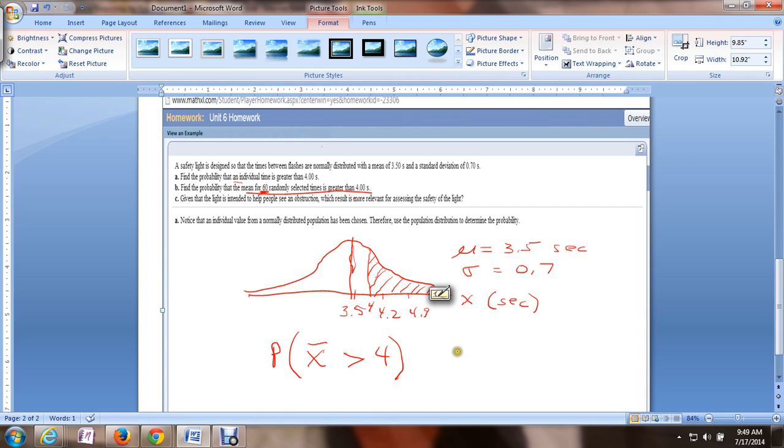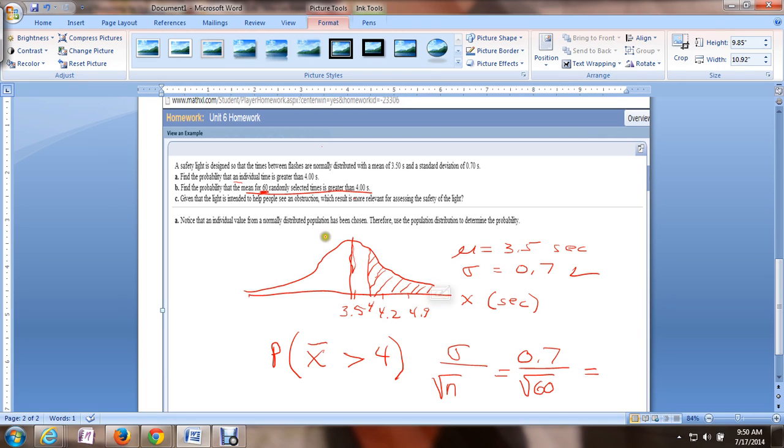The big difference here is that instead of using the standard deviation they originally gave us, 0.7, since we're using the central limit theorem, our new standard deviation is sigma over the square root of n, which means 0.7 over the square root of 60. The square root of 60 is 7.746.